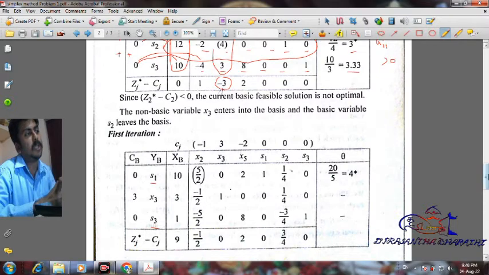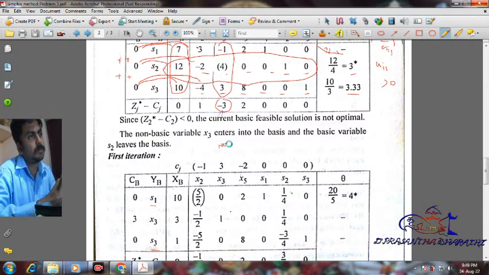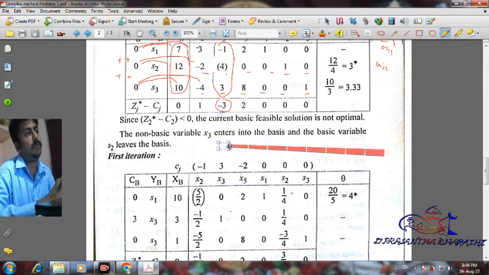So we calculate using the formula: new pivot equation is equal to old pivot equation divided by pivot element.